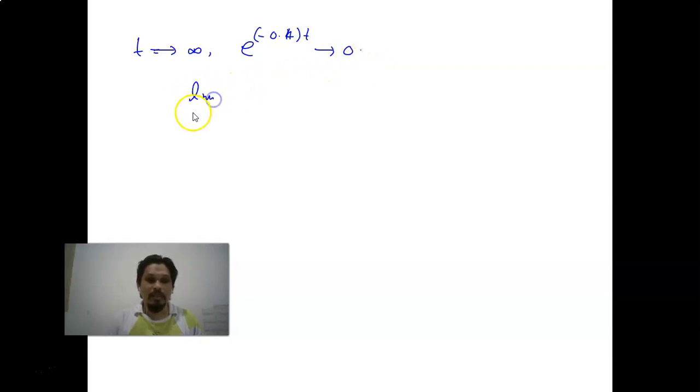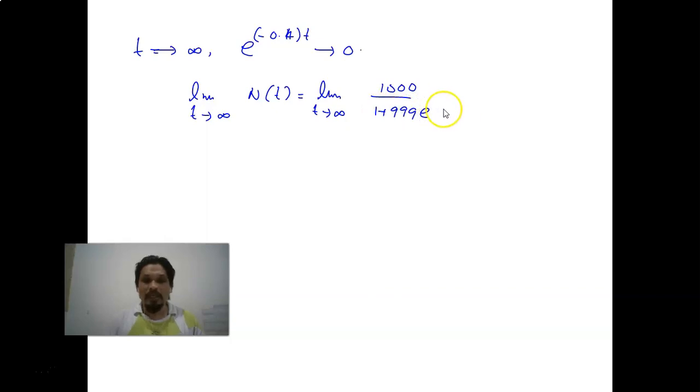So the limit as t approaches infinity of the equation of n with the variable t equals the limit as t approaches infinity of 1000 divided by 1 plus 999 e^(-0.4t). Okay, when t approaches infinity, everything here approaches 0, so 1000 divided by 1 equals 1000.